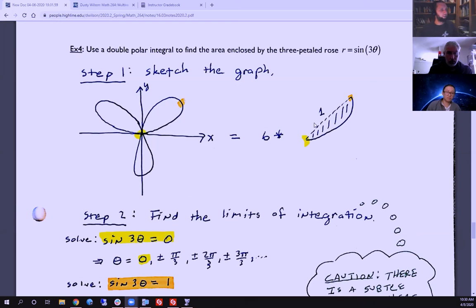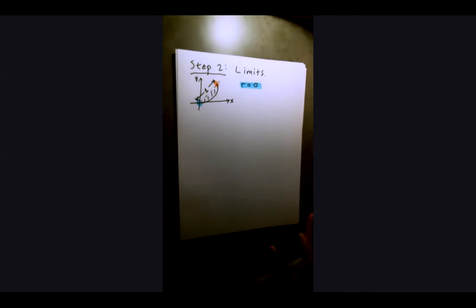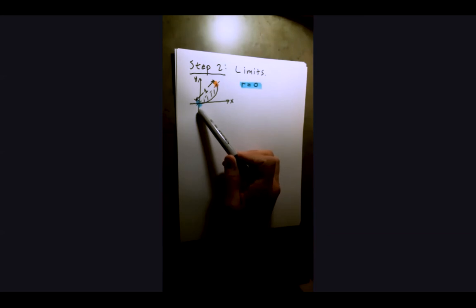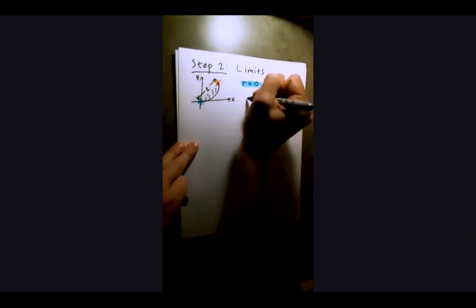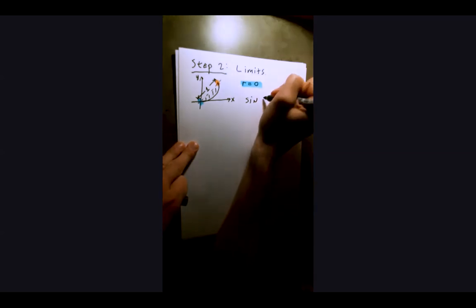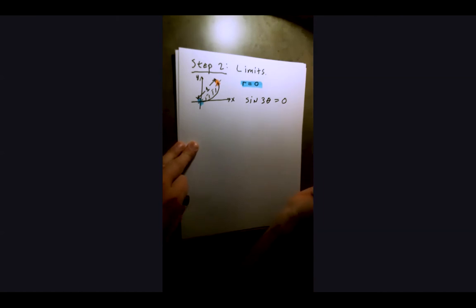So let's see if we can find those limits of integration. So here's our picture. And so we know that we've got to find 2 sets of limits. So one is at the origin where r equals 0. And so our function that we're given is sine of 3 theta. We want to know when this is equal to 0.